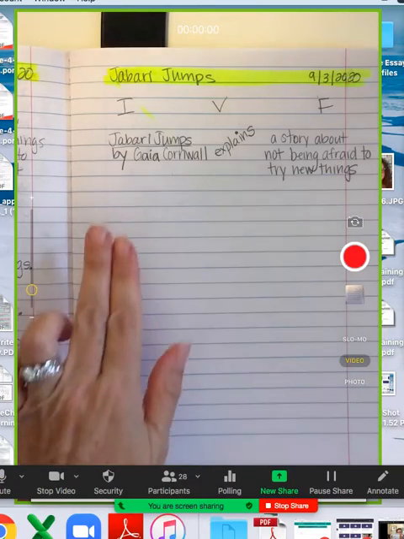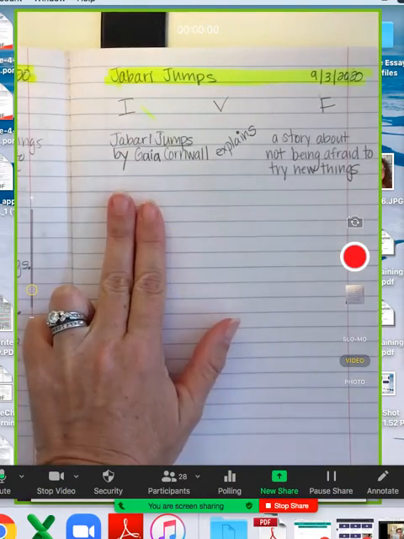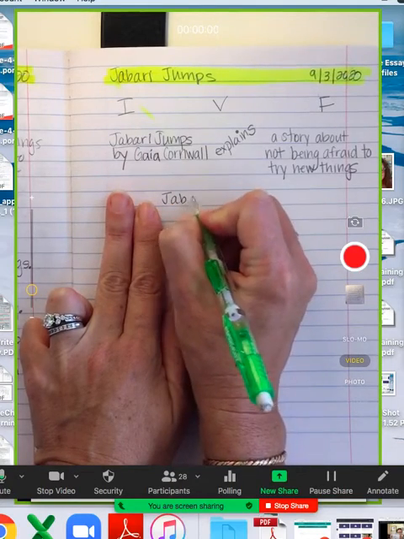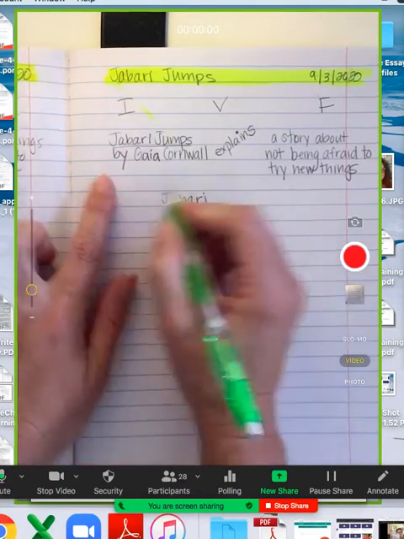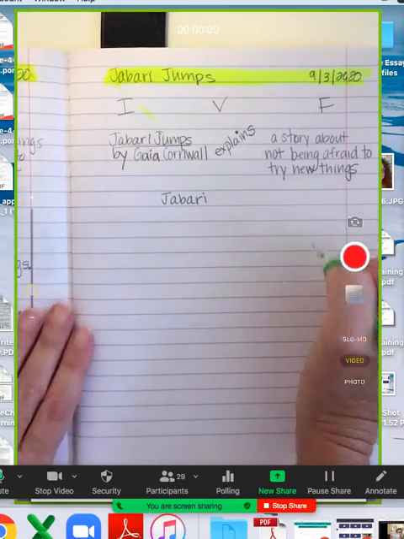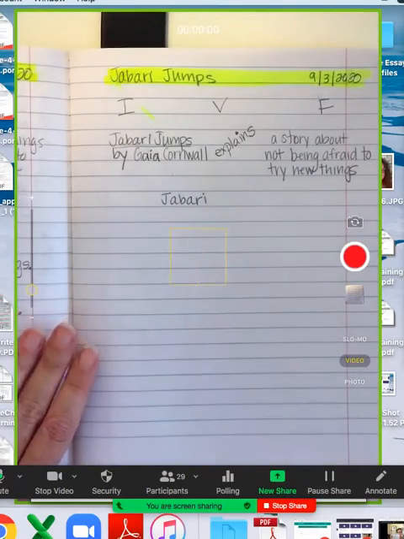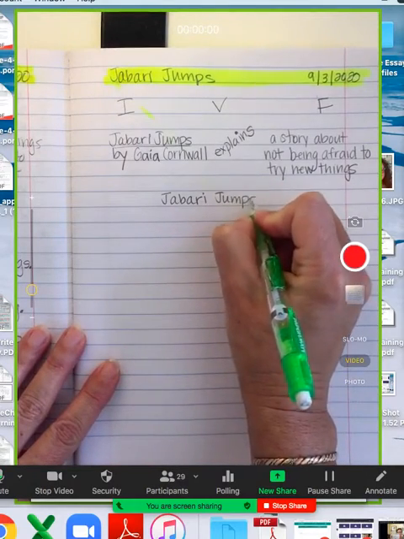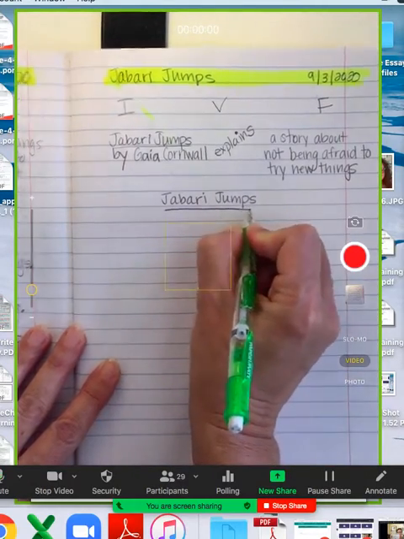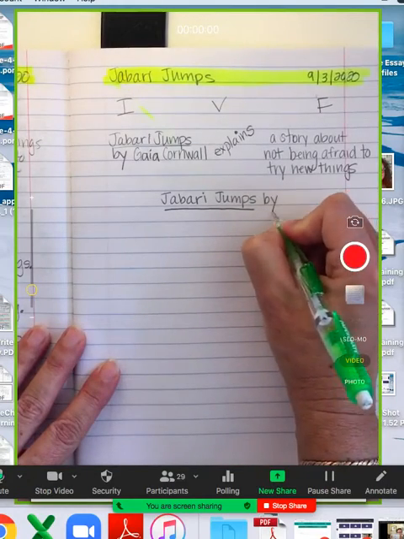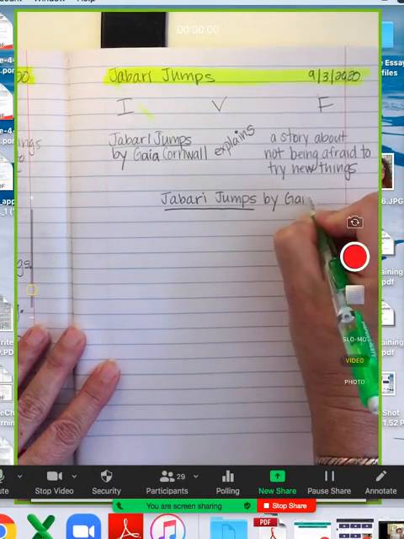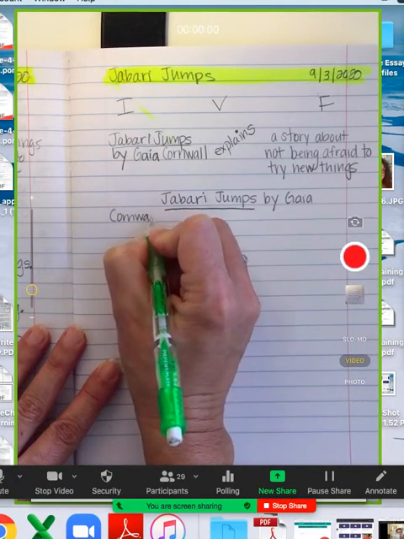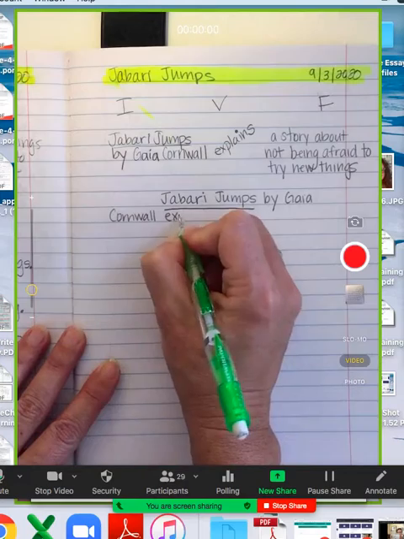Indent. Okay. So I'm going to start my paragraph down here, and I'm going to skip over so that it's indented, and I'm going to put these words together from my IVF into a sentence that stays inside the margins. So Jabari Jumps, we're just copying the same words. Underline. This is the title of a book by Gia Cornwall. Explains.